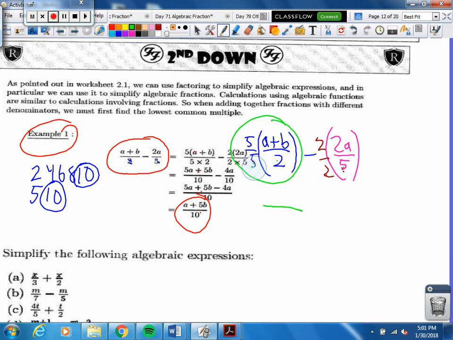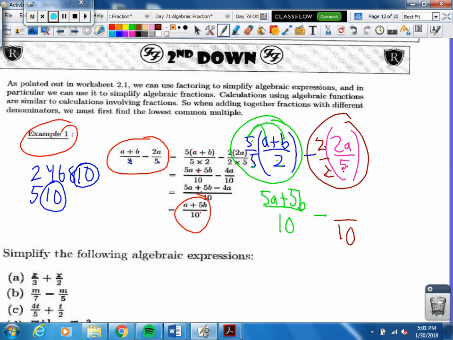So I know that my denominator is 10. Make sure you distribute right here. And so I have 5a plus 5b. Don't forget to distribute when you do problems like this. Minus, okay, let's mess with this part right here. So my denominator is 10, so I got a common denominator, and it looks like I'm good.